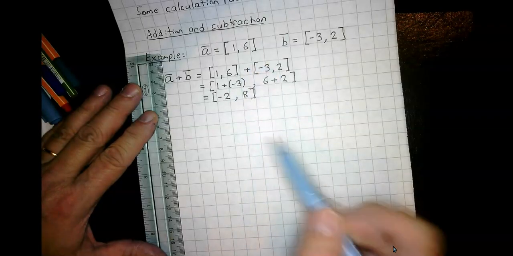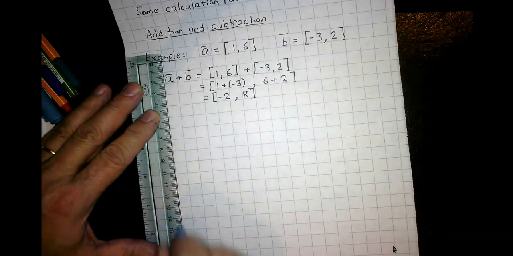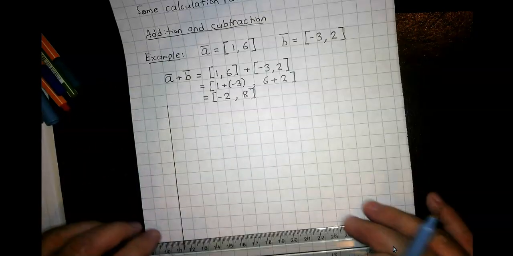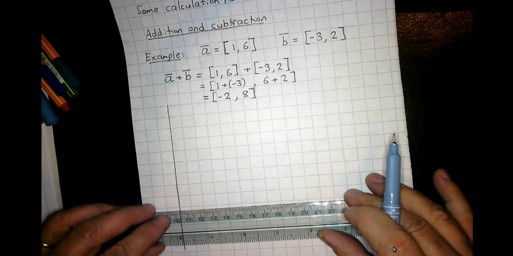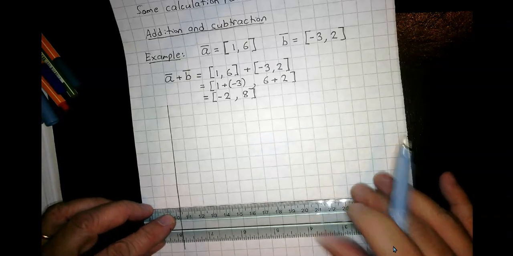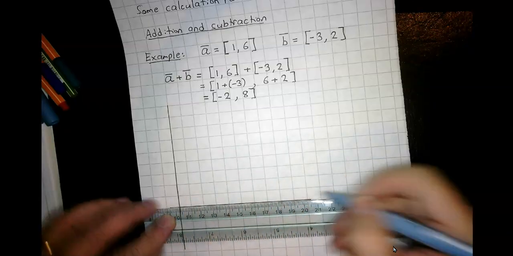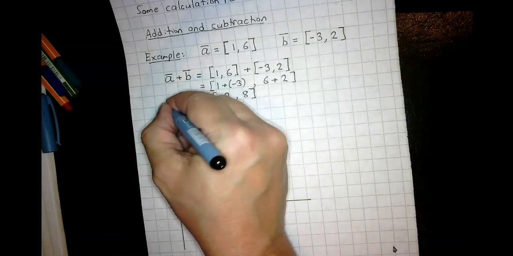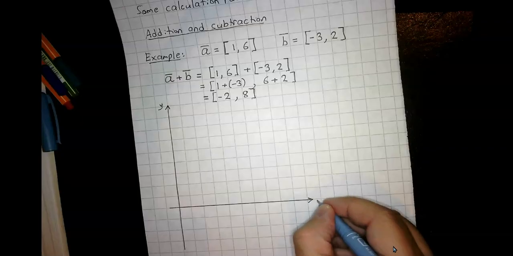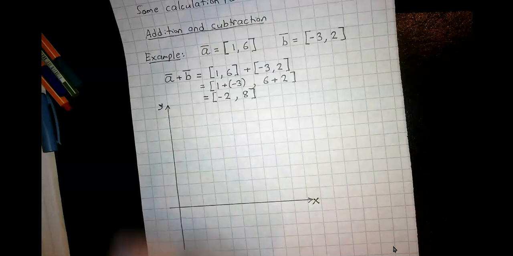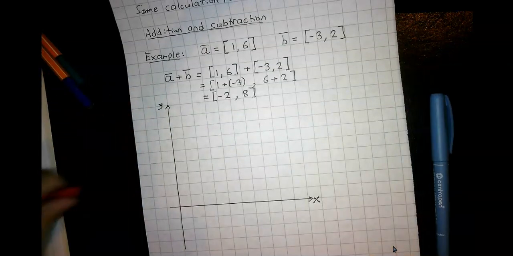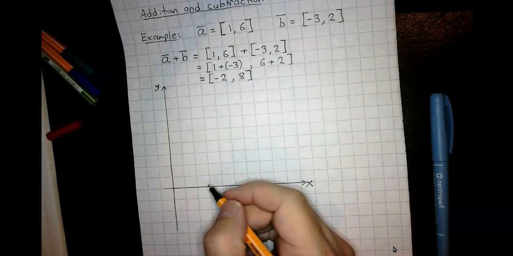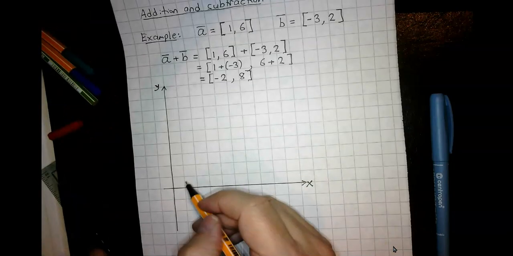Just let me think a little bit. I will just have enough space there to get the pictures correctly. So y and x axis here. And right now I will draw first the vector A, which has components 1 and 6.